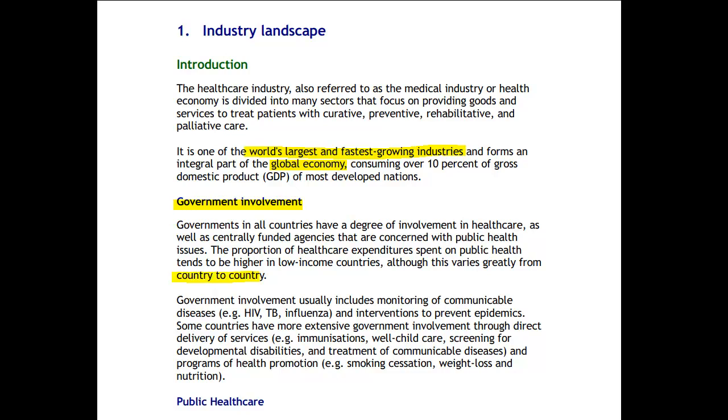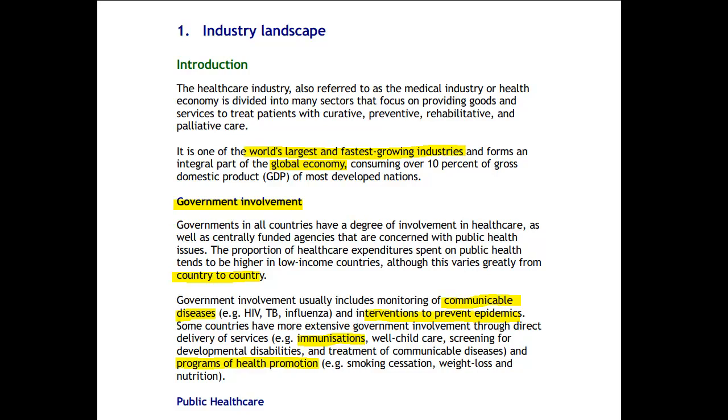Essentially, government involvement might just be a basic monitoring role, so monitoring communicable diseases like flu or interventions to prevent epidemics. Some countries might have more extensive involvement through delivering immunizations and vaccinations, screening for certain diseases, and also programs of health promotion.